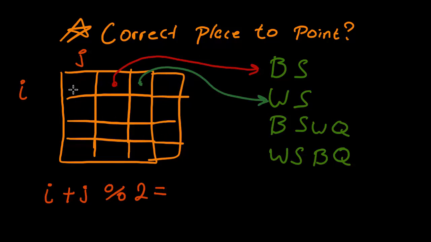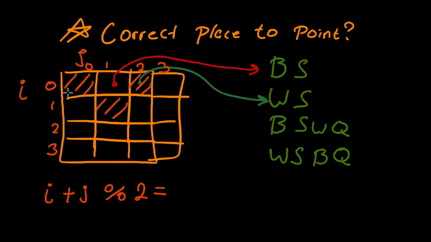So what does that mean? This is if we count 0, 1, 2, 3, 0, 1, 2, 3. 0 plus 0 is just going to be the space. It's an even number. So what we're getting is evens and odds are different shades.